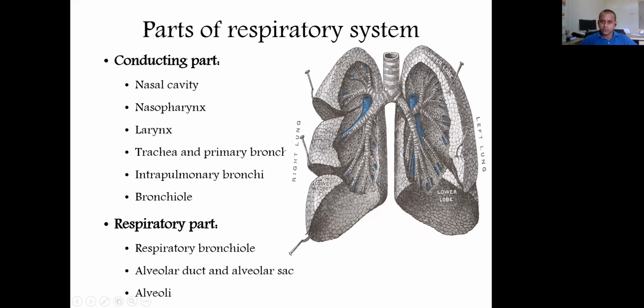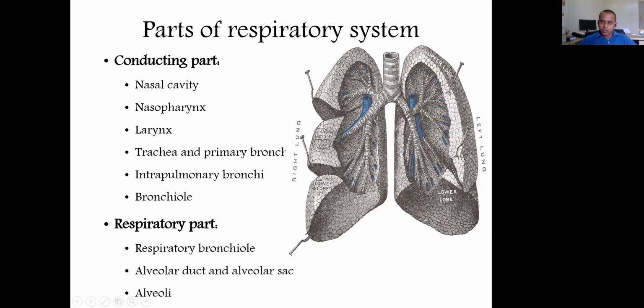If you see here, this is the right lung and this is the left lung. The right lung has three lobes and the left lung has two lobes. You are aware of this. In the right lung, you can see the principal bronchus dividing into 1, 2, and 3 further bronchi, meaning it is divided into the respective lobar bronchi.